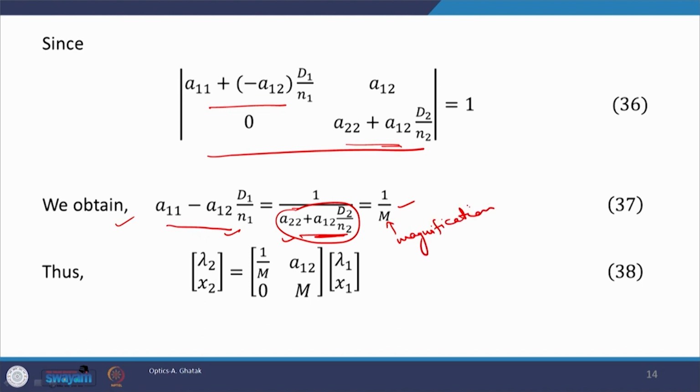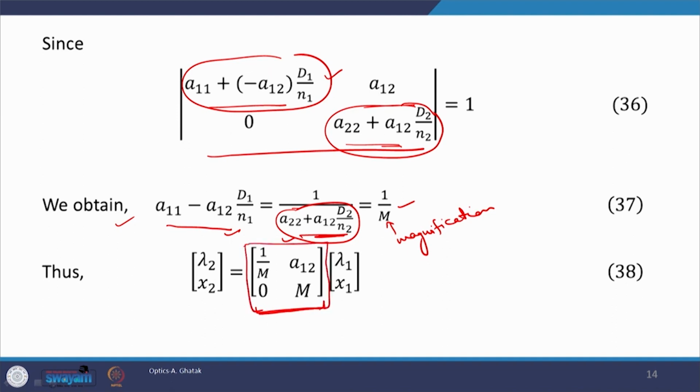It means the first term of the matrix is equal to the inverse of magnification and the fourth term is equal to magnification, and therefore the resultant form of the system matrix would be something like this. This is the final form of the resultant matrix. Conclusively, we started with a system matrix where there were so many unknown terms, a11, a12, a21, a22.